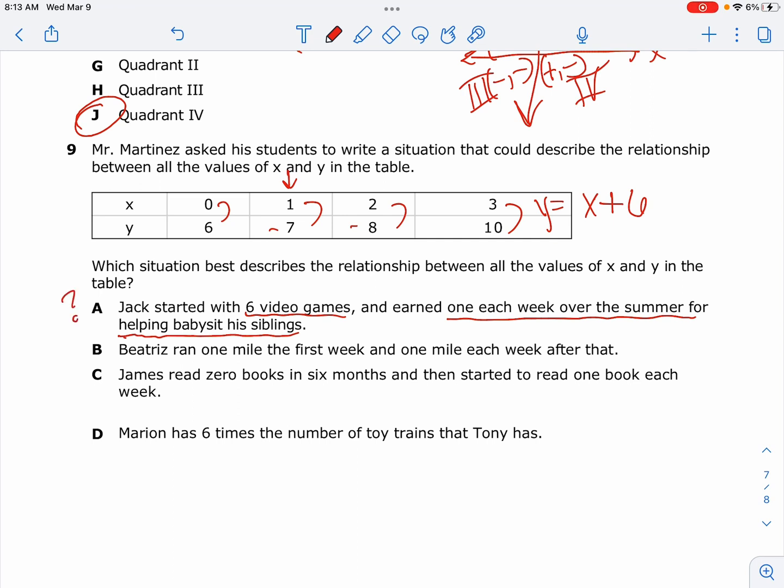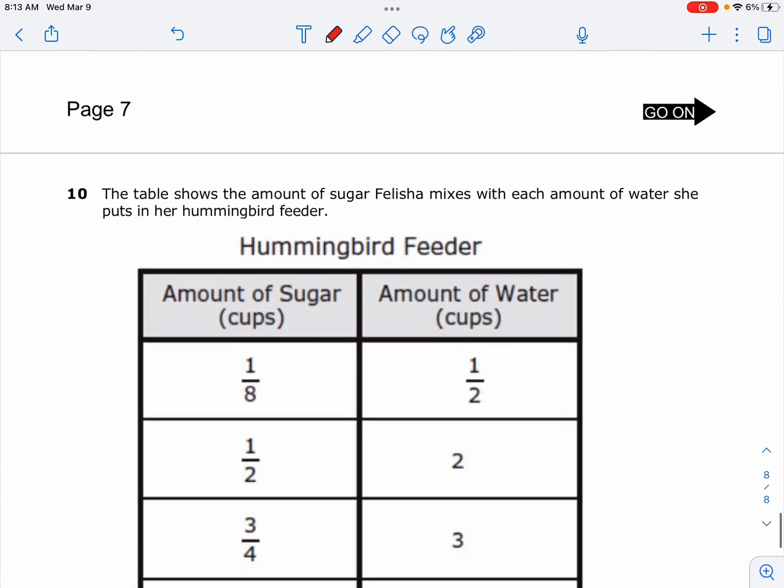B, Beatrice ran 1 mile the first week and 1 mile each week after that. So the first mile, we would start out with 1, so B is not correct. C, James read 0 books in 6 months, then started reading 1 book each week. Well, if he had 0, 0, that would start at the origin. C is not correct. D, Marion has 6 times. Well, we see times, that means multiplication, so D is out. A is our answer.